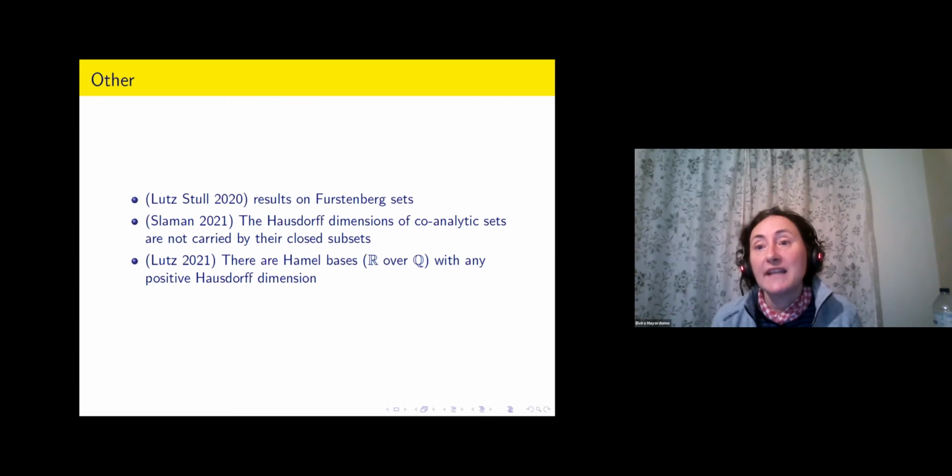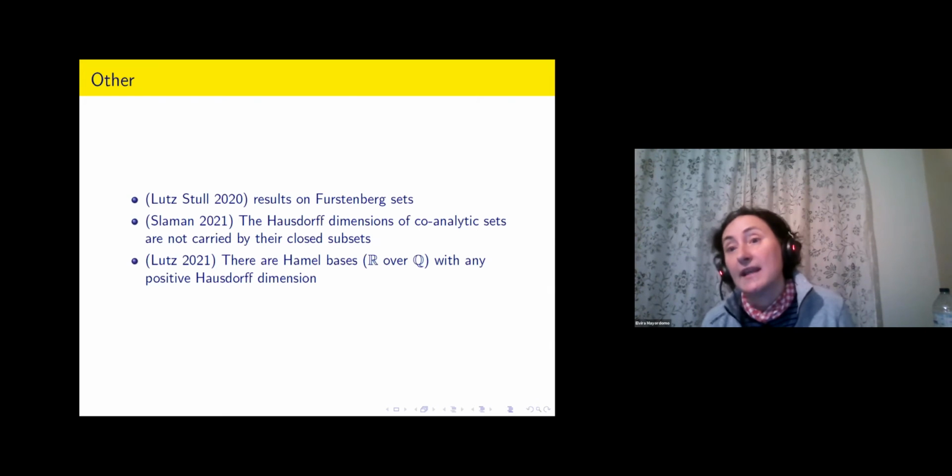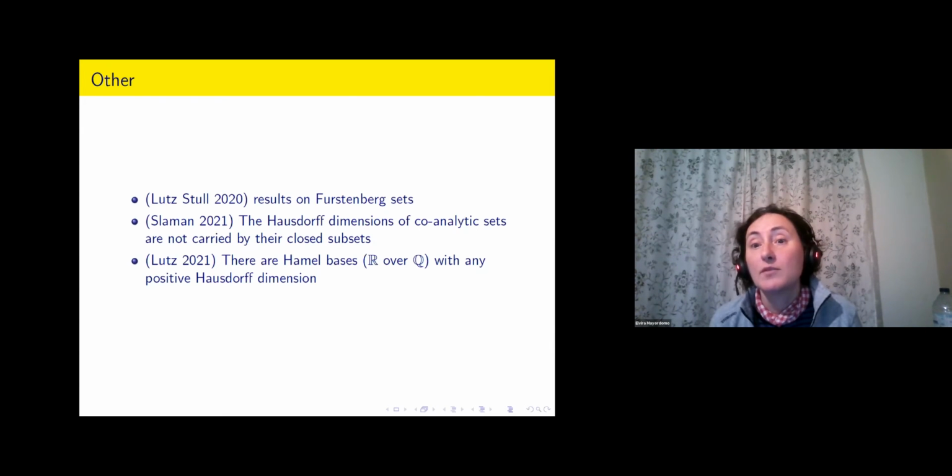So he proved that this doesn't happen for coanalytic sets, okay? And he proved it using the point-to-set principle. And recently also, Jack Lutz has worked on Hamel bases, which are bases of the real numbers over the field of rational numbers. And he has built Hamel bases of any positive Hausdorff dimension, again, using the point-to-set principle.